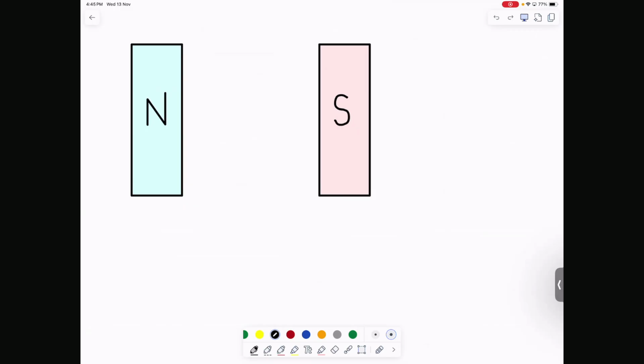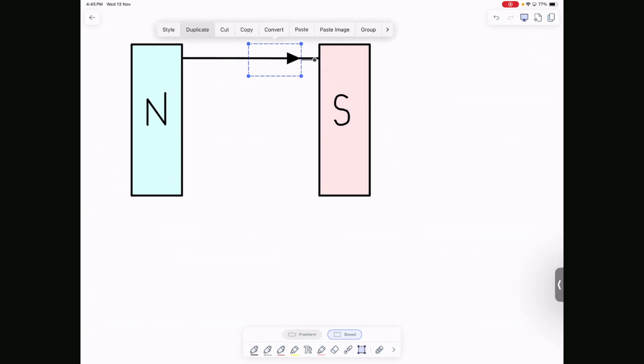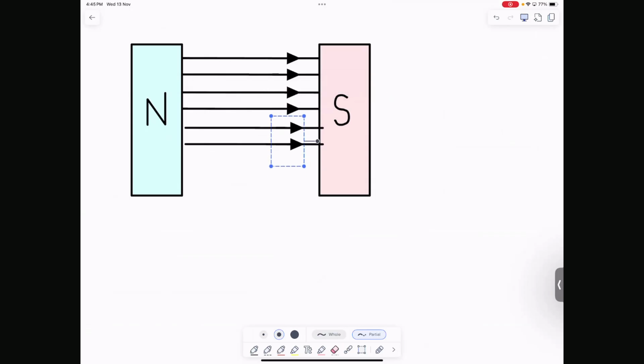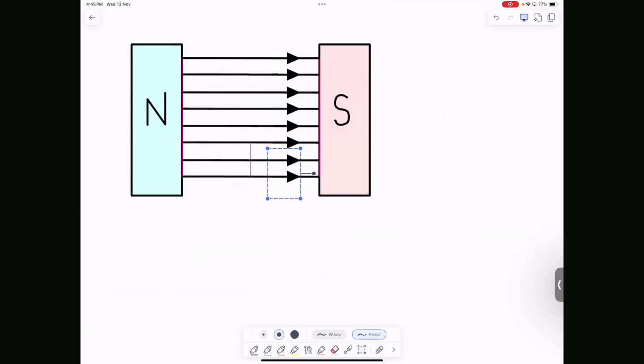Uniform. And then how do you describe a uniform magnetic field? It's a magnetic field where the field lines are what to each other? Parallel and equidistant, right? It's just like how your electric field or gravitational field, all fields actually behave the same way. This is easy, and they go from where to where? North to south.